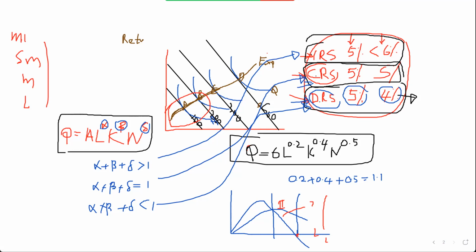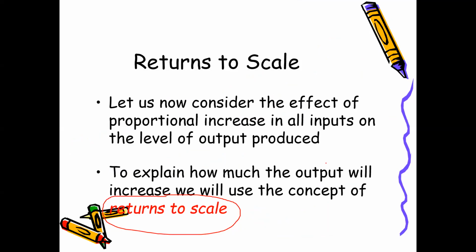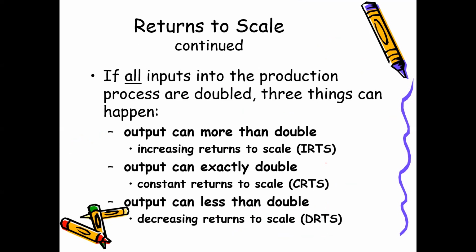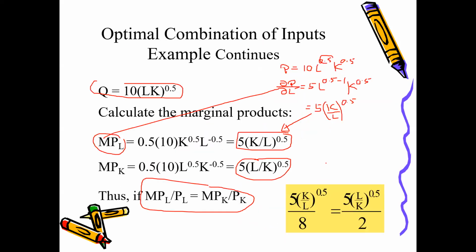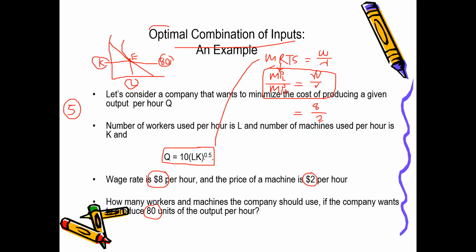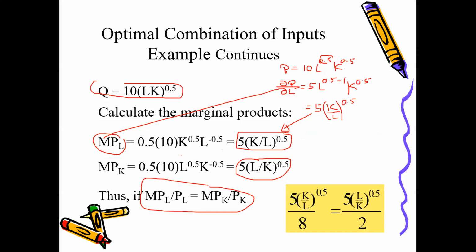Sir, can you please explain again that previous equation, Q equals 10 L K 0.5? Yes, this is the equation. When you get the MRTS, first you have to find MPL. So how to get it?